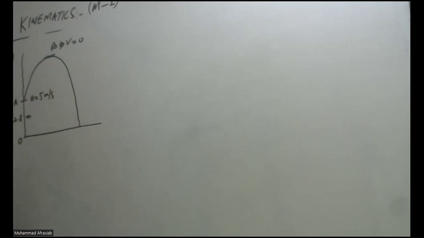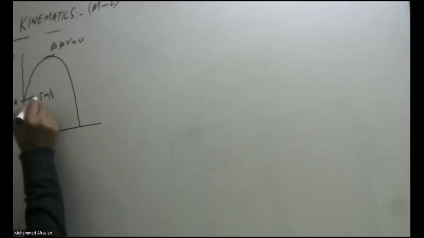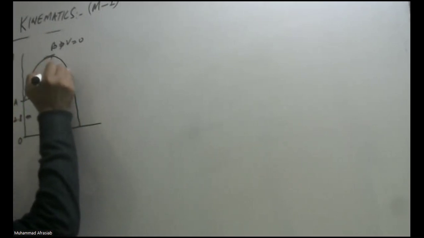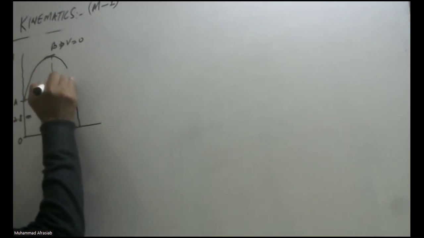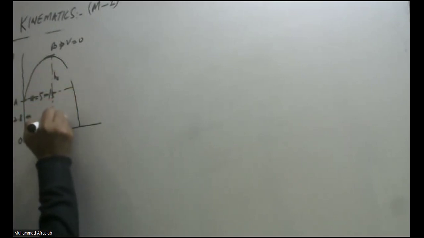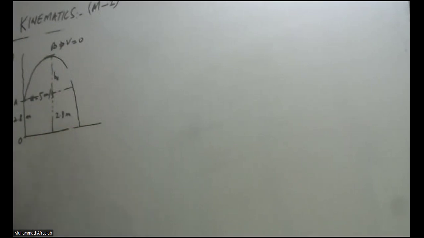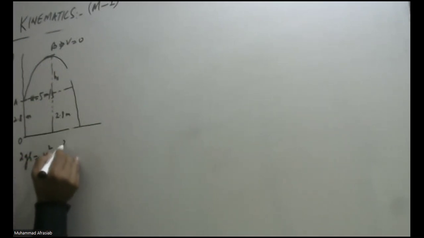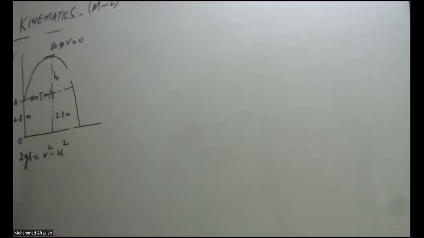Since this particle is moving under the influence of gravity, we can use the equations of motion for this part. Let's say the height above this point is h1, and this is already 2.8 meters. So we can use the equation 2gs = v squared minus u squared.